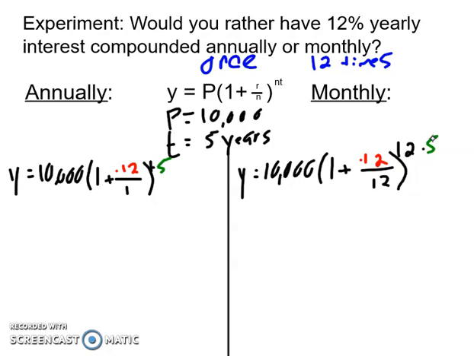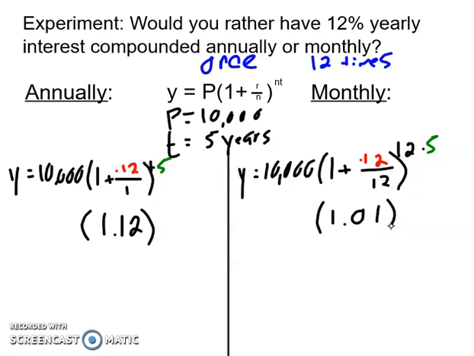Over in the annually side, 1 plus 0.12 over 1, we're going to simplify that down to 1.12. Over on the monthly side, we're going to be simplifying down to 1.01.